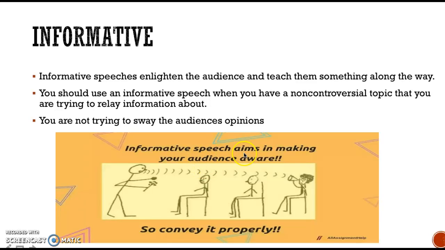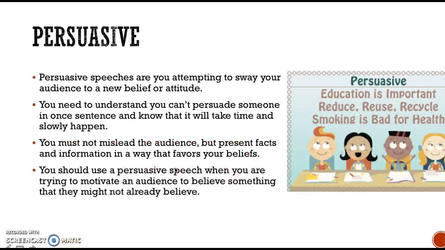It aims at making your audience aware, and then it explains the importance of conveying it properly. So I think this is a better slide because there's not near as much empty space all around. It has a lot more useful information, and it has a very good visual aid.